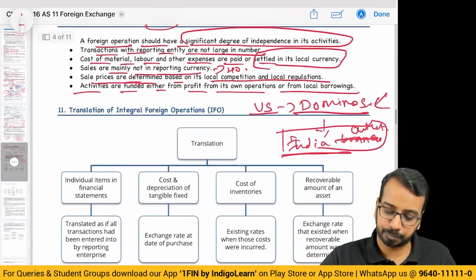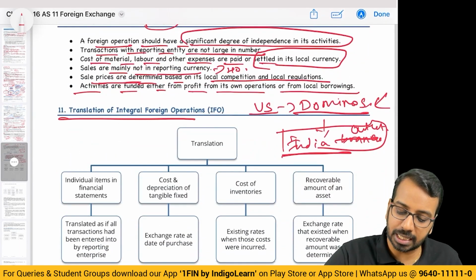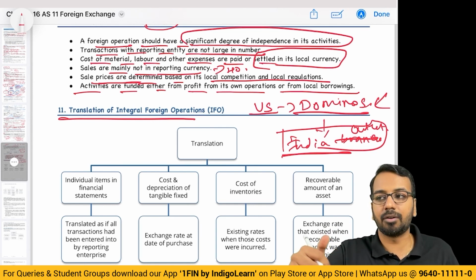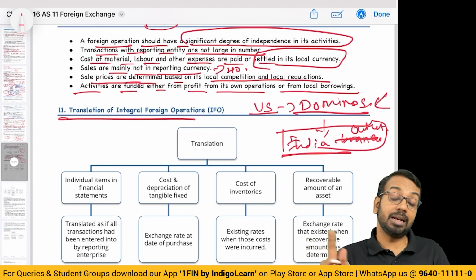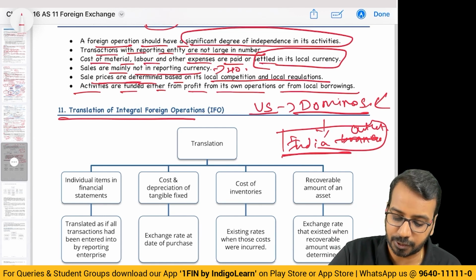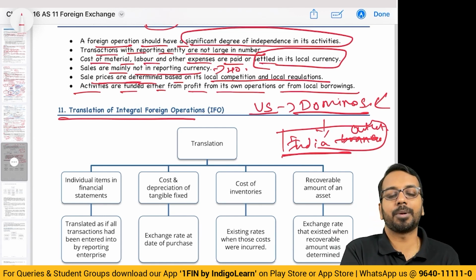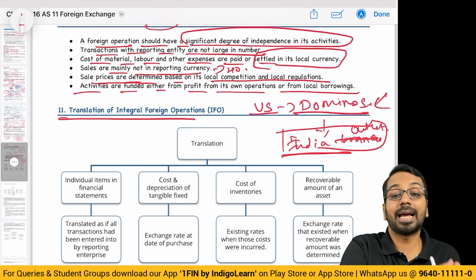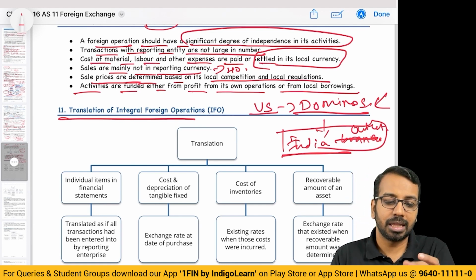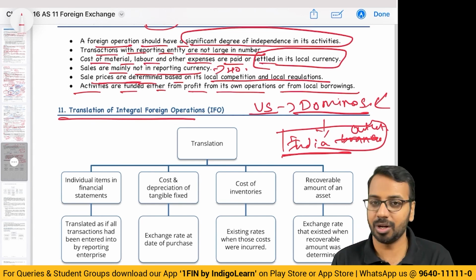Now, when it comes to translation of integral and non-integral foreign operations, we'll just give a quick reading. In detail, we'll understand in the branch accounting chapter. What is the meaning of translation? The foreign operations, the branch, the subsidiary, have to be incorporated in the head office. So if I have a branch, the branch information has to be incorporated in my books for preparation of financial statements.